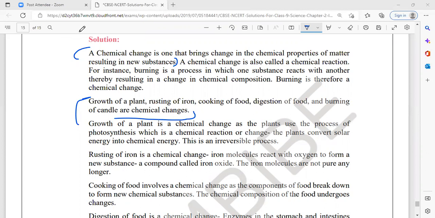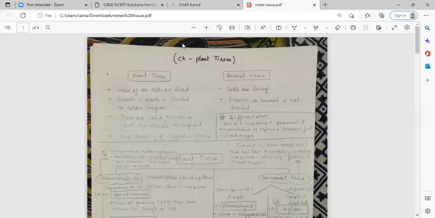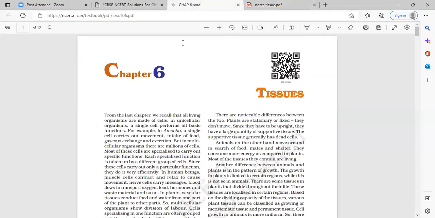Okay, done? Okay, so let's just start with the next chapter. So in this entire chapter, we will be studying about tissues.